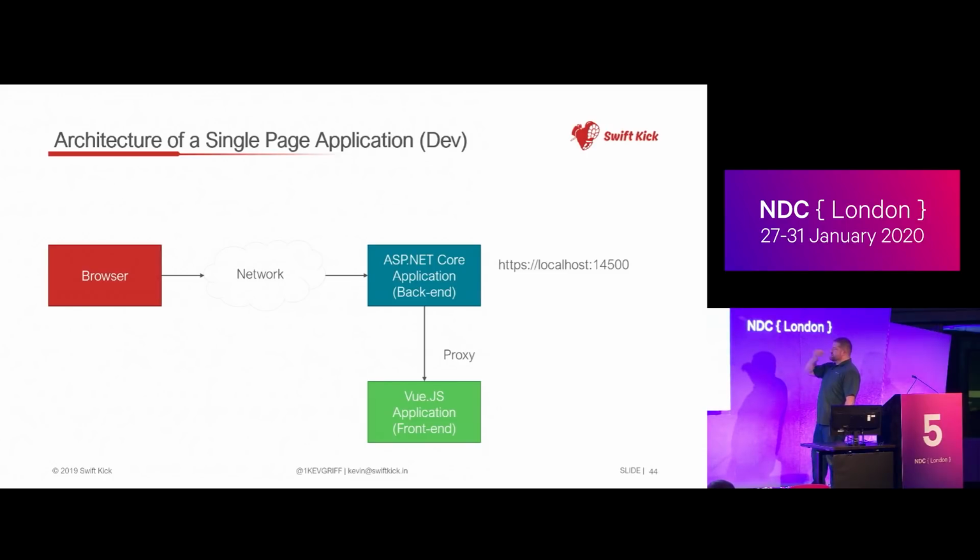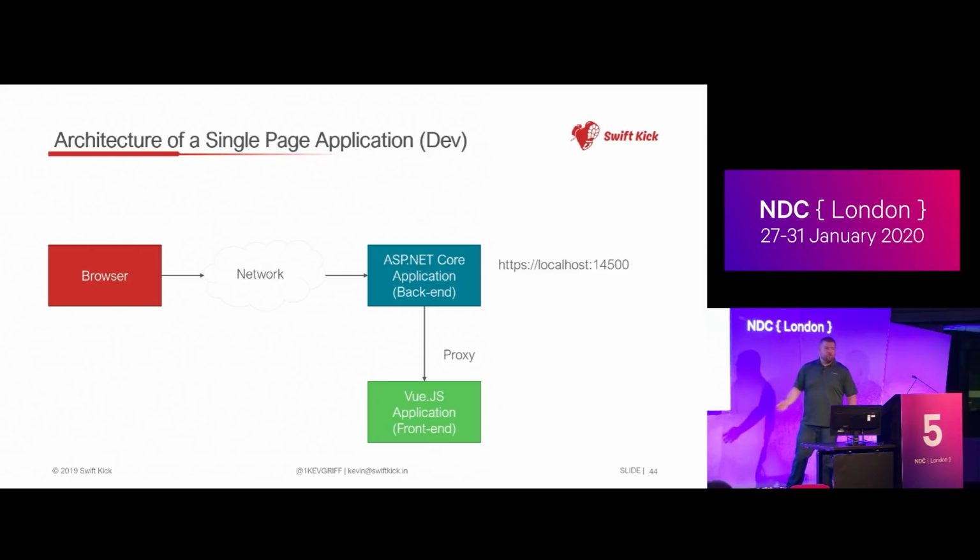So what this means is, I open the browser, I type in localhost:14500, whatever your port is, and let's say I just want /, just give me index. Well, it's going to go to the ASP.NET Core app. ASP.NET Core is going to say, I can't do anything with this.